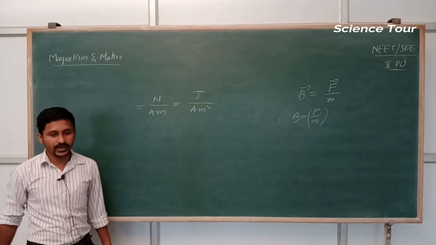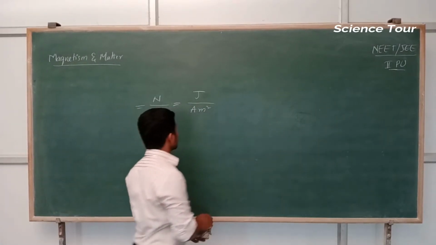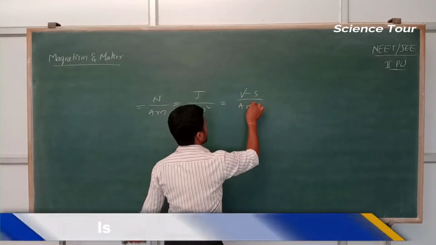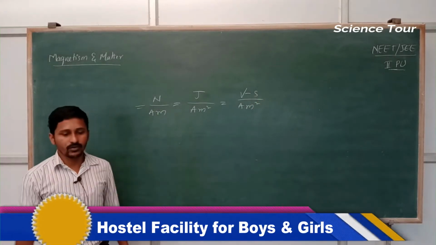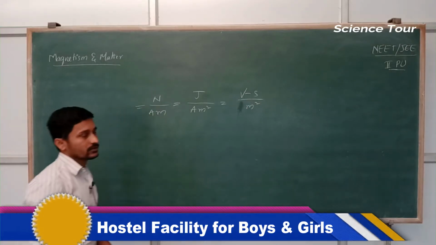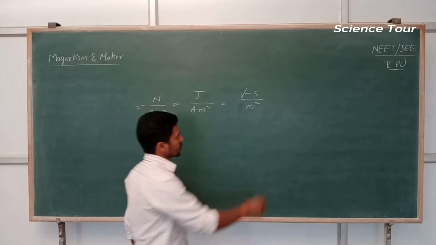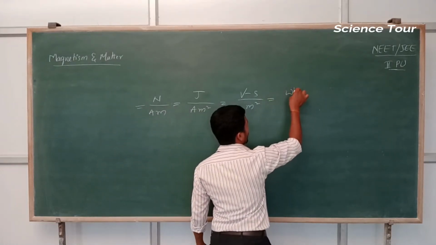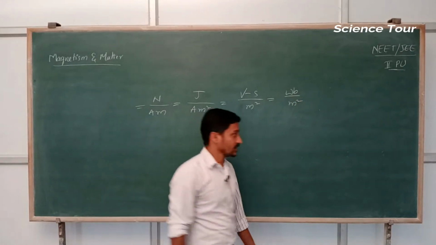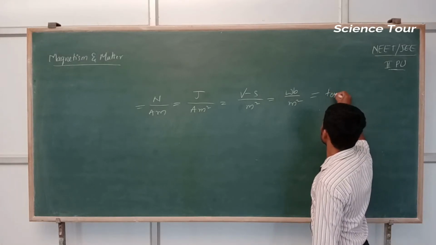Again you can write it in a different manner, which is equal to volt second over meter square. Then we have Weber per meter square, or else together everything we are going to call Tesla.